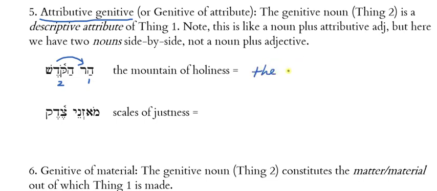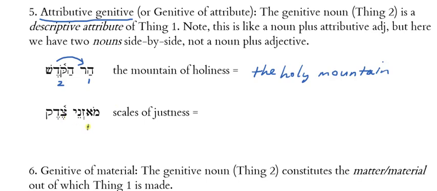Well, it just simply means the holy mountain. Where holiness is a noun, but to say of holiness is really to say the holy thing, okay? So hands of holiness would be holy hands, right? A temple of holiness would be a holy temple, and the mountain of holiness would be the holy mountain.